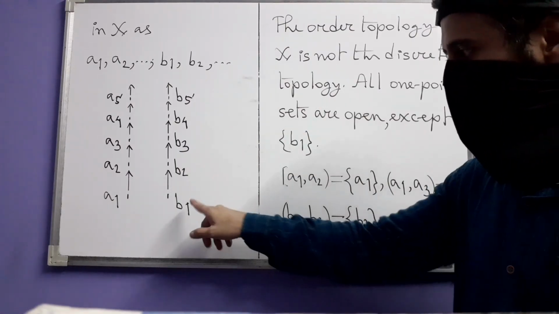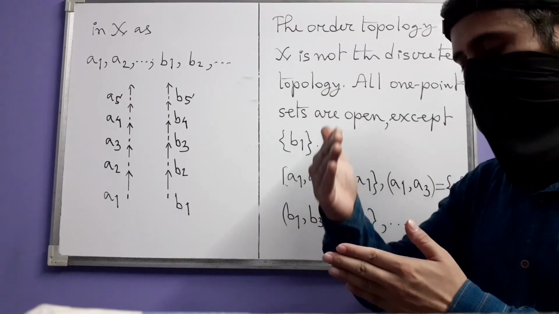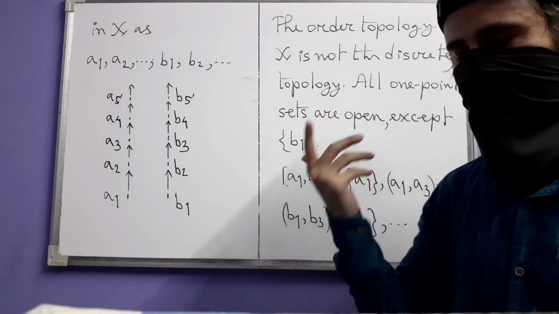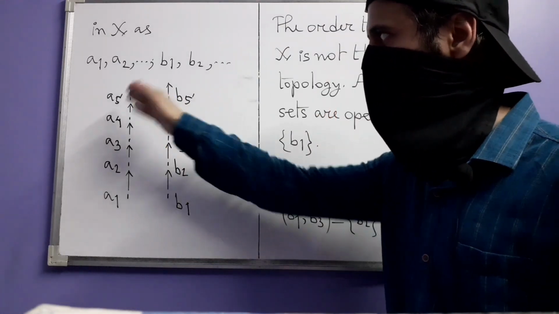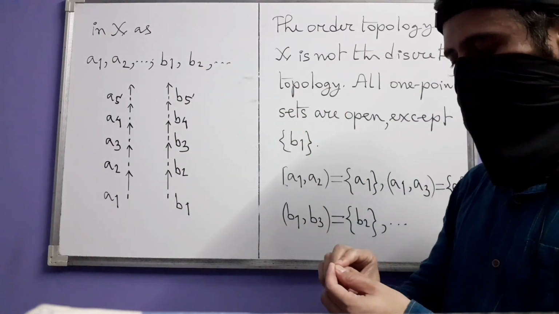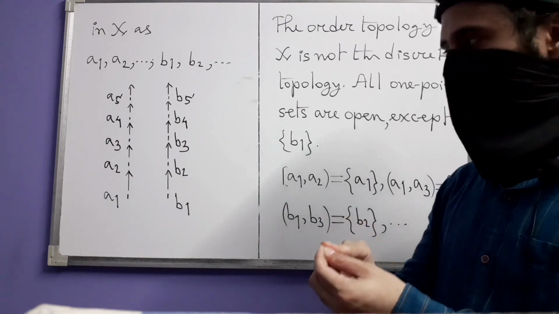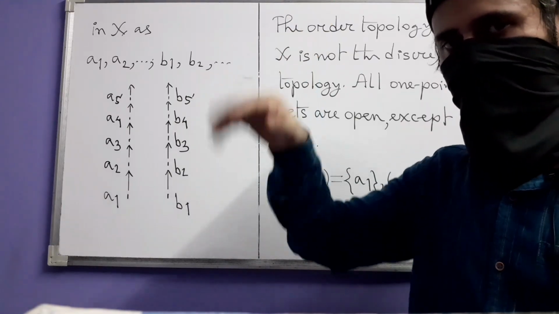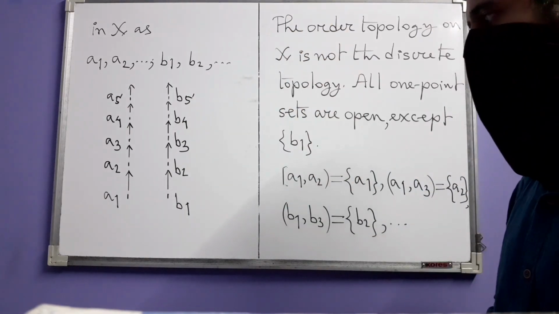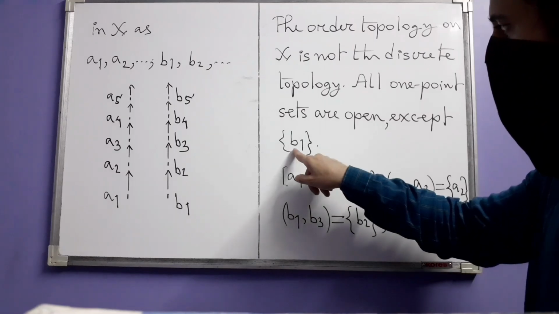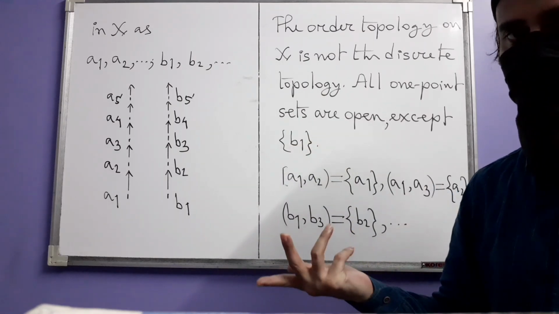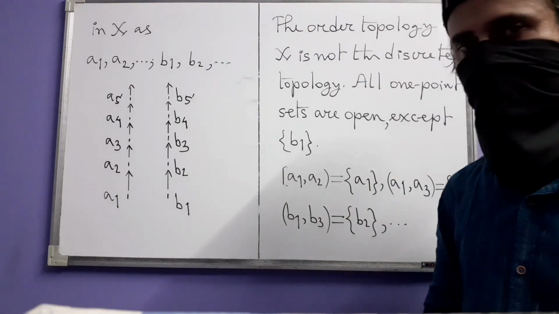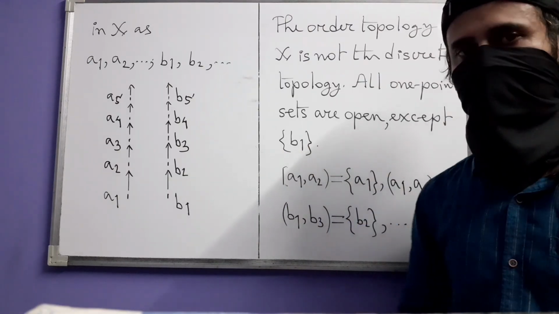Even if you take the left end point as b1, then b1 is not inside that interval. So the left end point has to be some a_i. But the moment you consider the left end point as some a_i, then in that interval you have a_(i+1), and actually the other subsequent a_i's, all of them. None of them, however, belongs to this set, because this set has no a_i. So no such open interval which contains b1 can be contained in this.